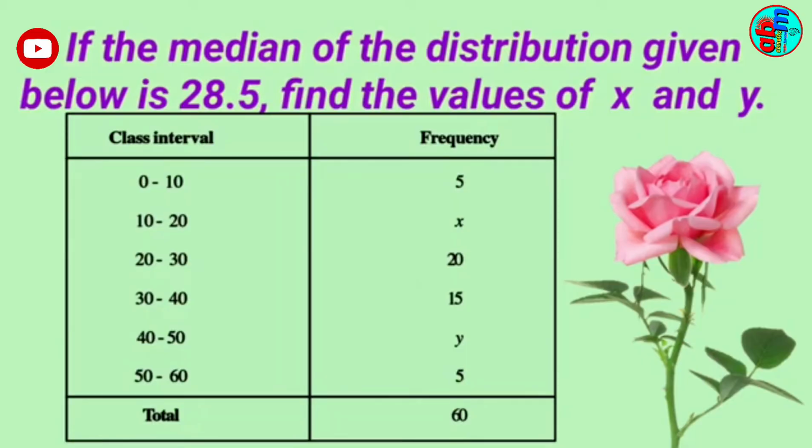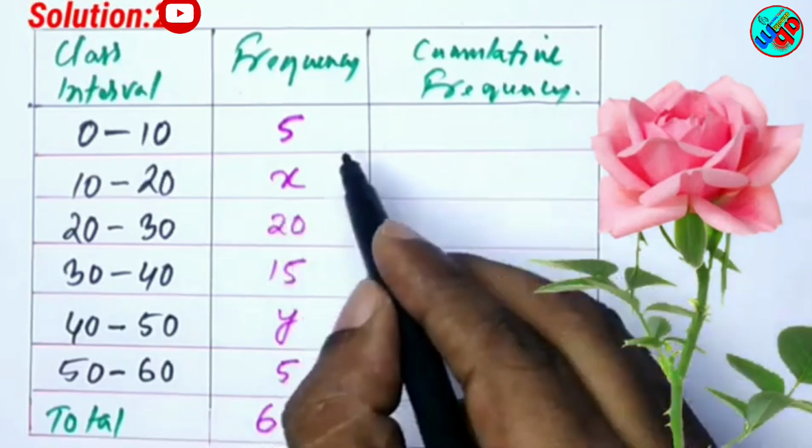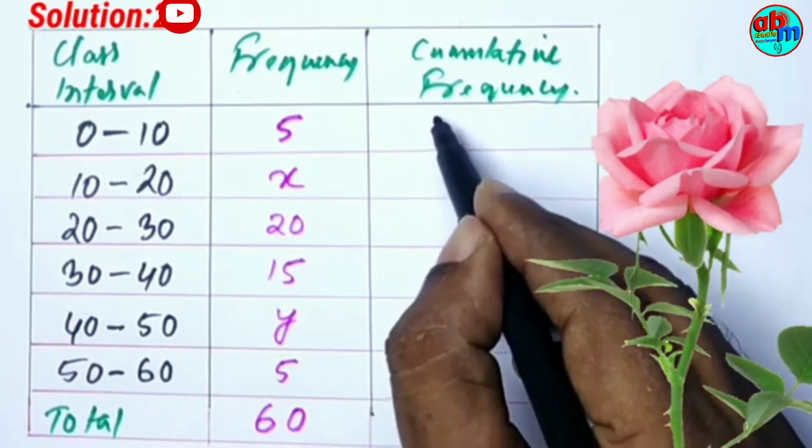If the median of the distribution given below is 28.5, find the values of x and y. The data are given below. From this data, we find the cumulative frequency as calculated here. So we are preparing the table. We write this cumulative frequency as 5 here.